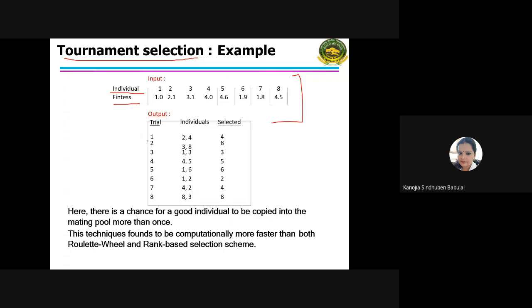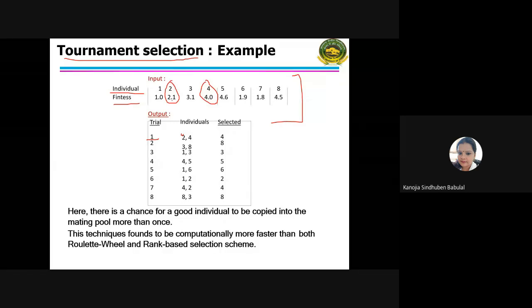In trial one, in the first iteration, any word you can use over here, suppose you have selected individual 2 and individual 4. Individual 2 is this one and individual 4 is this. From both of them, the individual having the highest fitness score would be selected.